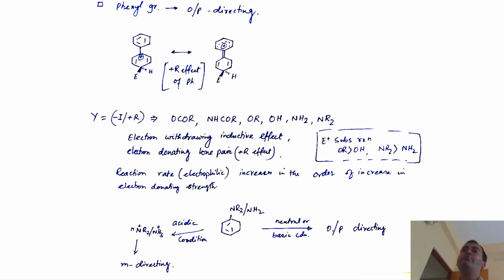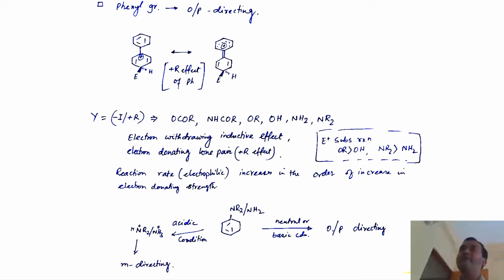Okay, so now for the phenyl group. As I said, when you take biphenyl, you see that the reaction rate is faster than benzene itself. That means the phenyl group is actually giving its electron to the other ring. So the ring is becoming electronically rich and the reaction rate is fast.